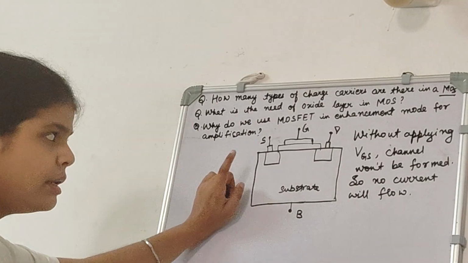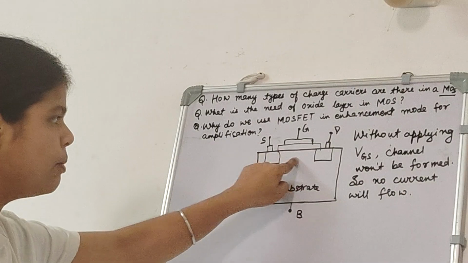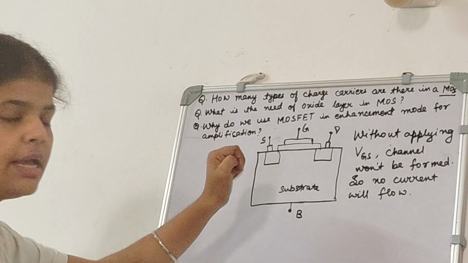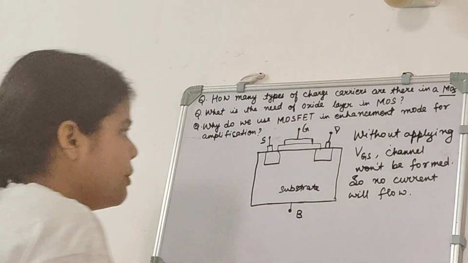Without channel we know that charge carriers won't be able to travel from source to drain, hence no current will be flowing, because what is current?